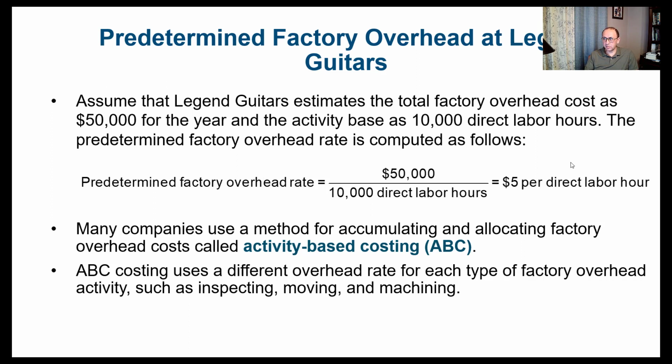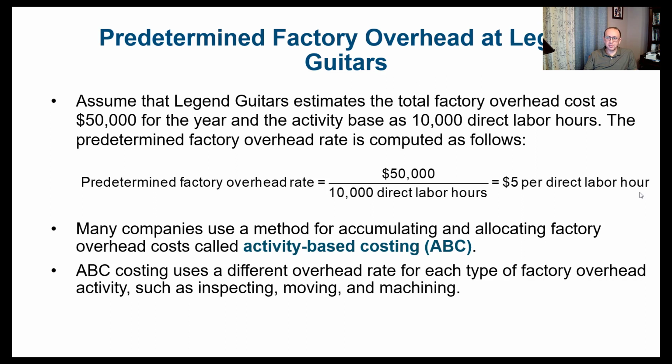So the predetermined factory overhead rate would be the 50,000, which is our estimate for the factory overhead cost, divided by the 10,000 direct labor hours, which is also another estimate. So that would be $5 per direct labor hour.